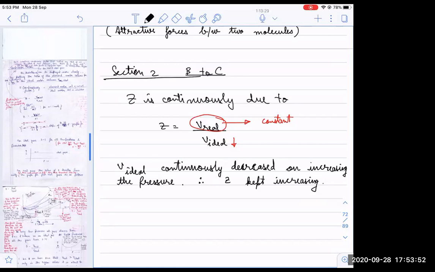But the ideal gas does not change the state, and instead ideal gas volume continuously decreases and never stops decreasing. And if you are continuously decreasing the denominator, then Z will continuously increase for sure. That is the explanation. Okay, please write it down.